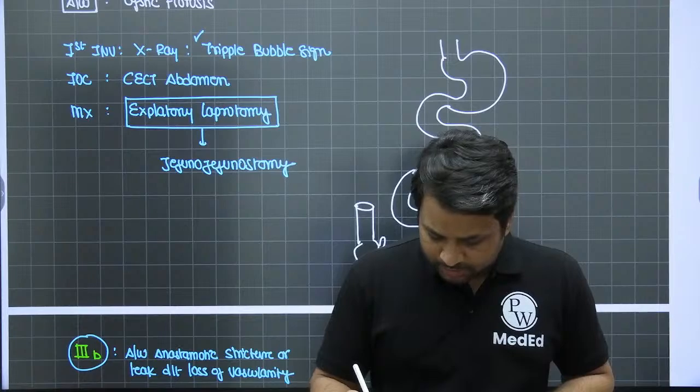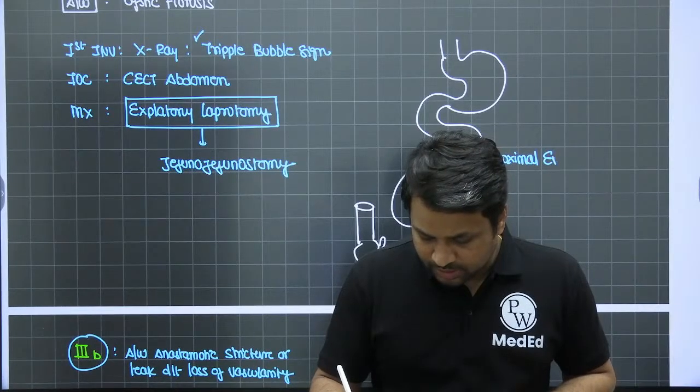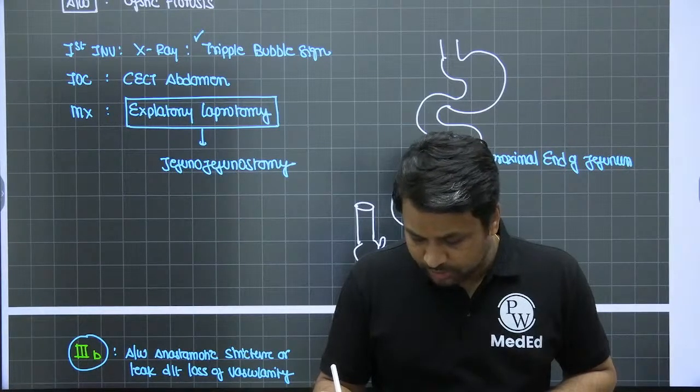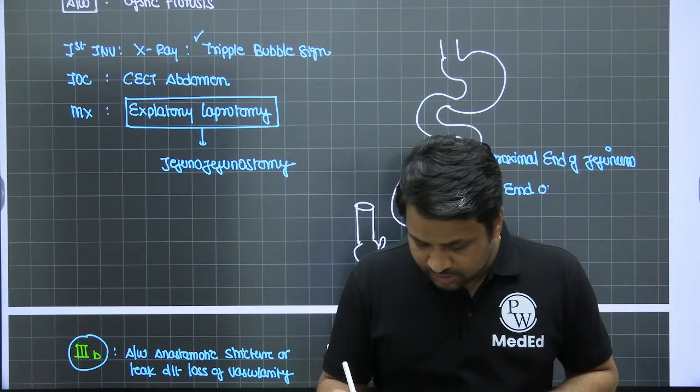That's the proximal end of the jejunum, proximal meaning the front end, and this is the distal end of the jejunum.